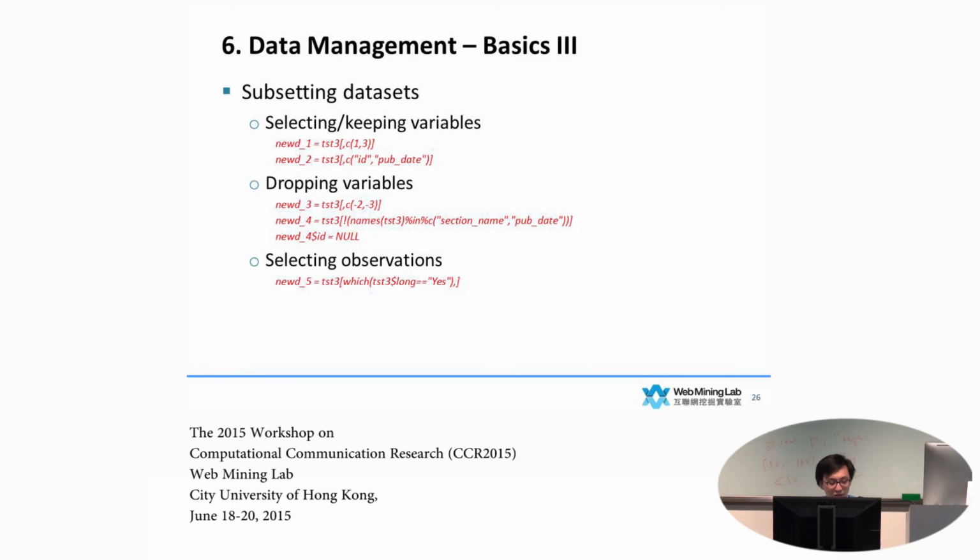The next, how to select the observations. For example, we only want to select the cases which satisfy the condition non equals yes. That means we only want to select non-articles. The way is similar but different. Use the which function, which what?